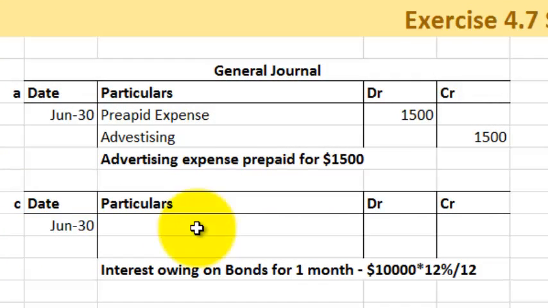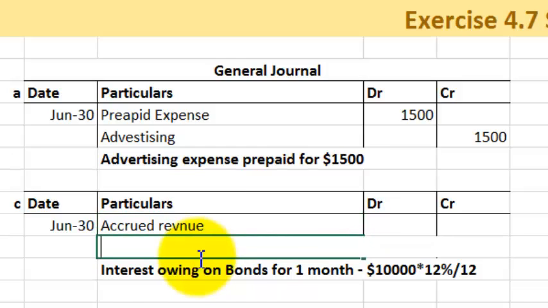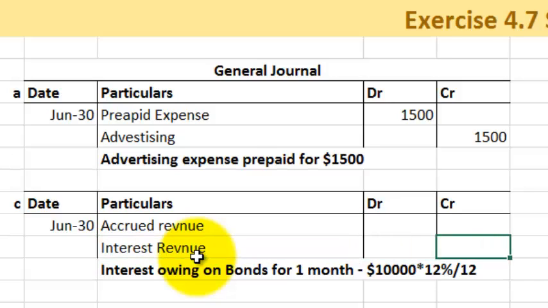There we have to do a calculation. A government bond is like a term deposit, that money we put in the bank, and that may have been put in the bank for 6 or 12 months, we don't know that, but what's relevant to us is that we must calculate only for 1 month. So when we've got amounts that are owing to us, we've got an account called accrued revenue, and the other account is interest revenue that goes up, so that's going to be the credit.